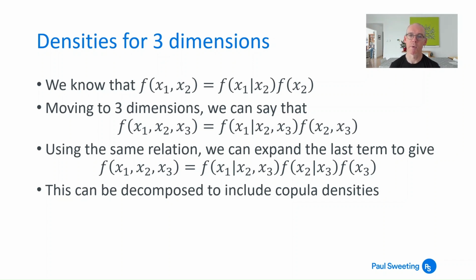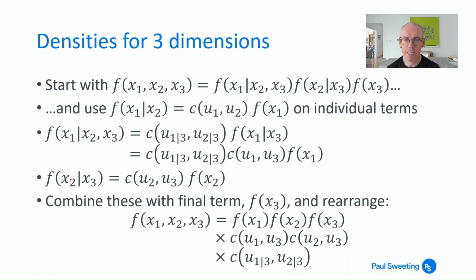But we can also decompose this further to include copula density functions. So let's start with that previous expression: f of x1, x2, x3 is f of x1 given x2, x3 times f of x2 given x3 times f of x3. We know that f of x1 given x2 is also equal to c of u1, u2 times f of x1. So it's the copula density on the distribution functions u1 and u2 times the density function for x1.